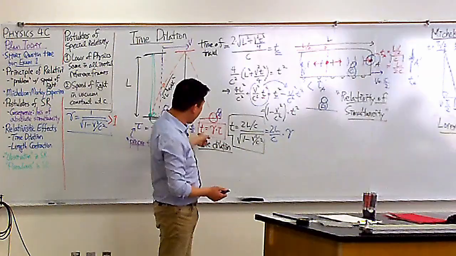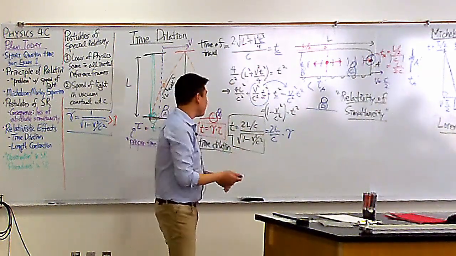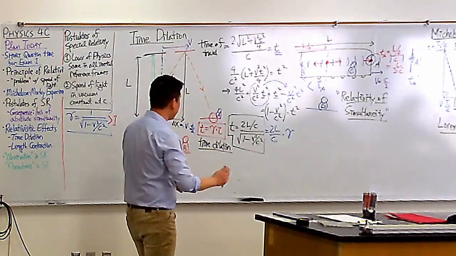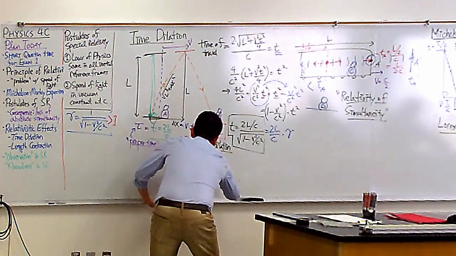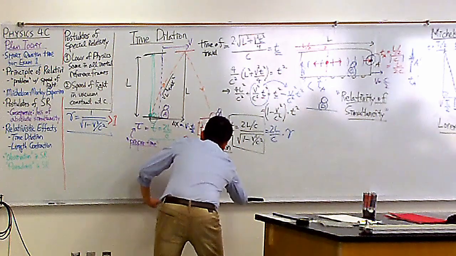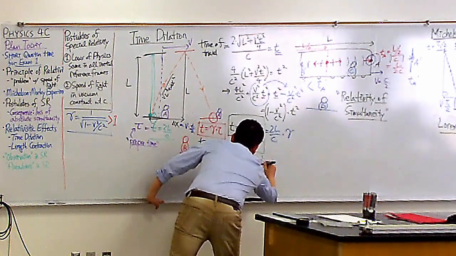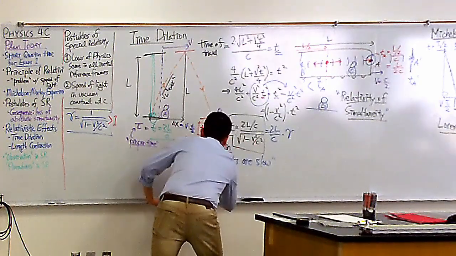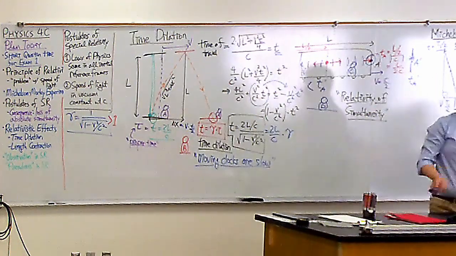Like, is it tau equals gamma t, or is it t equals gamma tau? To avoid the confusion, this is a helpful phrase to know: moving clocks are slow. That's the English phrasing of time dilation.